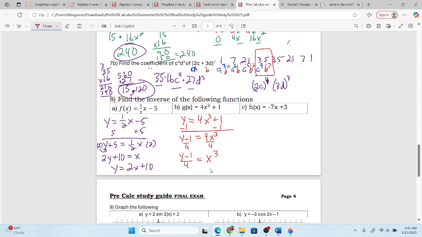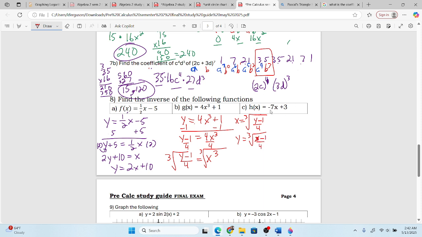And then I'm going to take the cube root of both sides. That takes care of the x cubed, and it's just x. So that's x equals the cube root of y minus 1 over 4. I'm just going to switch them. So y equals the cube root of x minus 1 over 4.